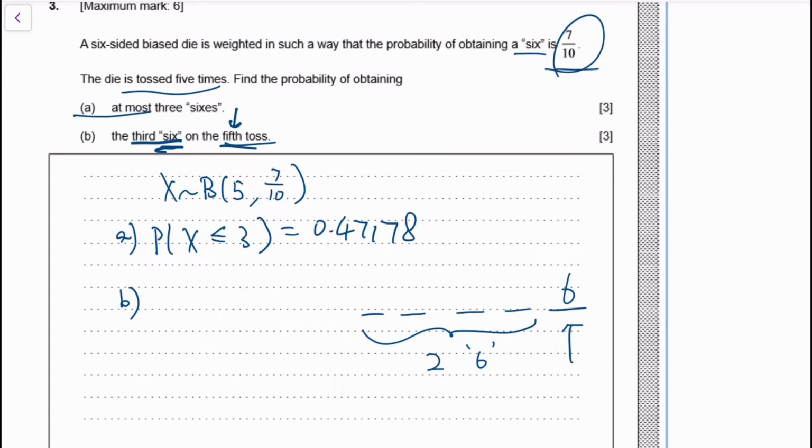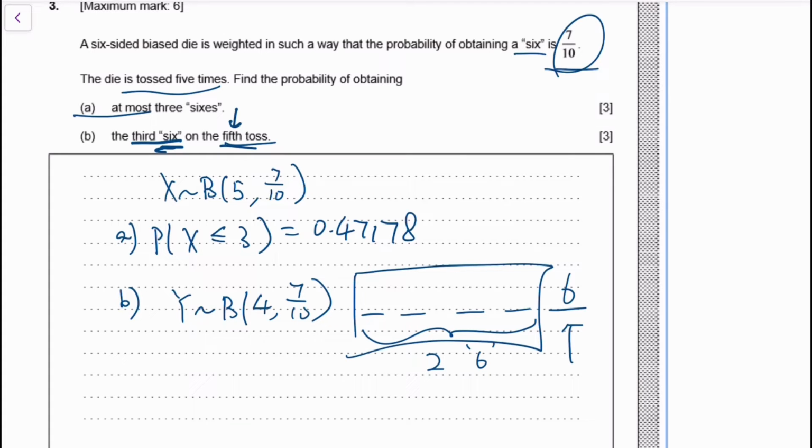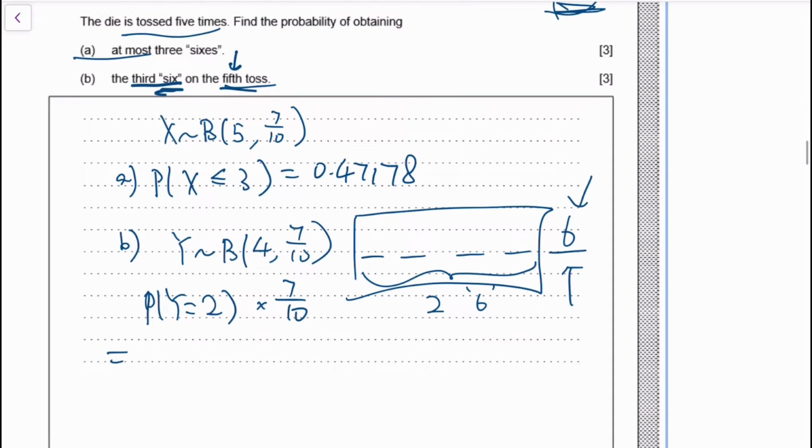So that actually means we need a new binomial where the number of trials is only 4. Because here there are only 4 trials, and I need that within those 4 trials, I have 2 sixes. And then times that, for the 5th toss, I need a 6. So multiply by the probability of getting a 6. So again, I need my calculator.